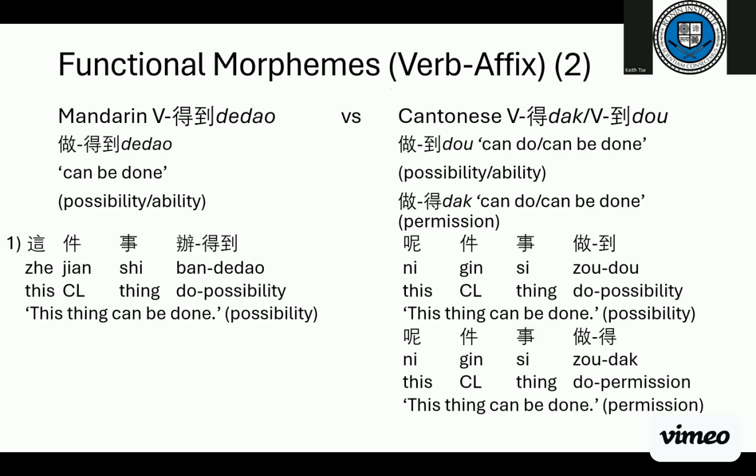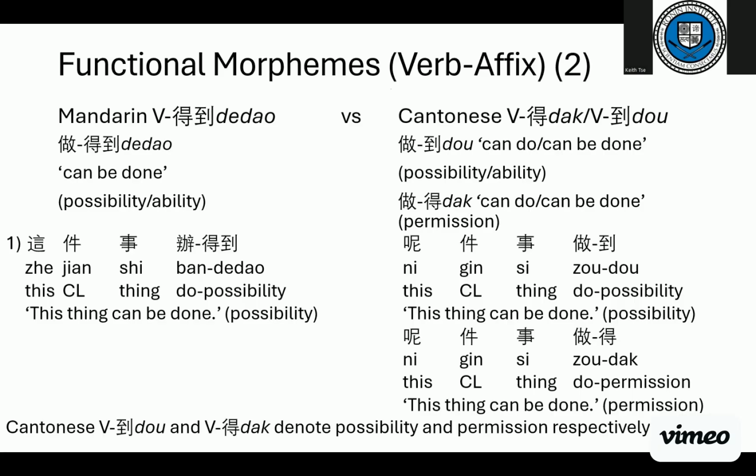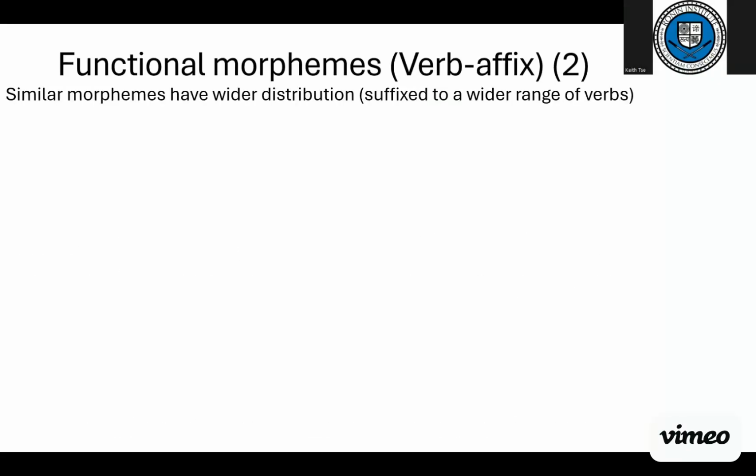So it's possibility, exactly like Mandarin 办得到. But Cantonese 做得, it really means permission. So verb 到 and verb 得 denote two slightly different types of modality, namely possibility and permission, respectively. And finally, similar morphemes seem to have wider distribution in Cantonese, in that they can be suffixed with a wider range of verbs.